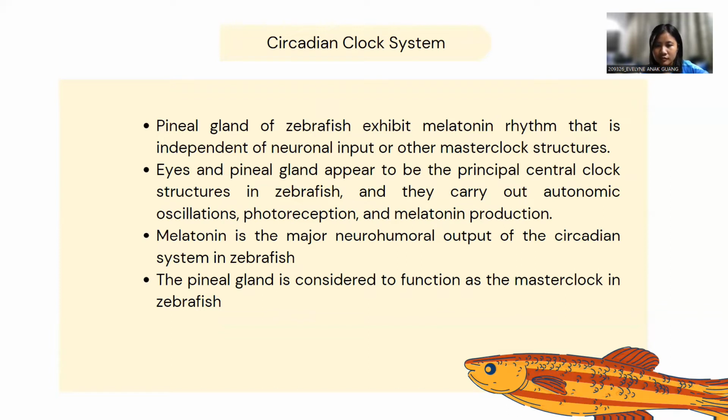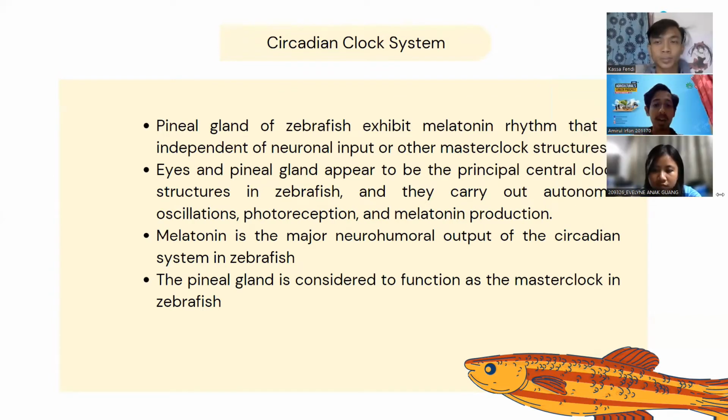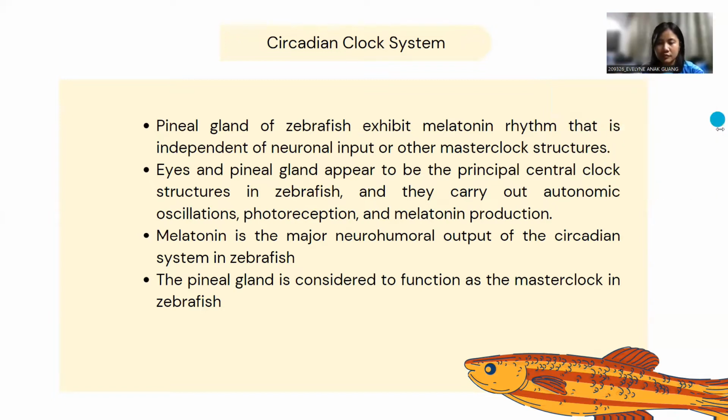The eyes and the pineal gland appear to be the principal central clock structures in zebrafish, and these organs carry out autonomous oscillation, photoreception, and melatonin production. Melatonin is the major neurohumoral output of the circadian system in zebrafish, and the pineal gland is considered to function as the master clock in zebrafish.